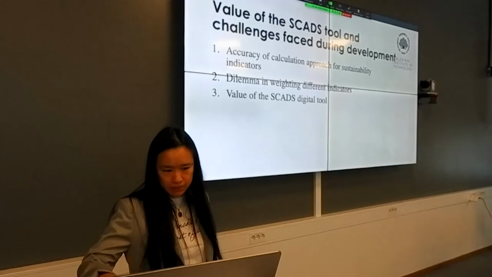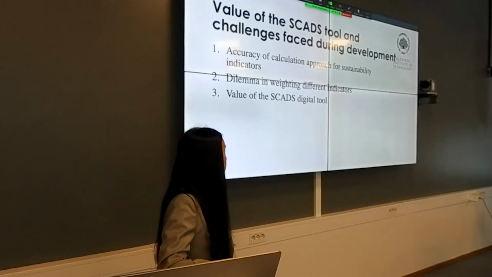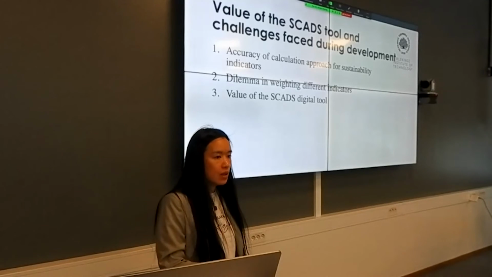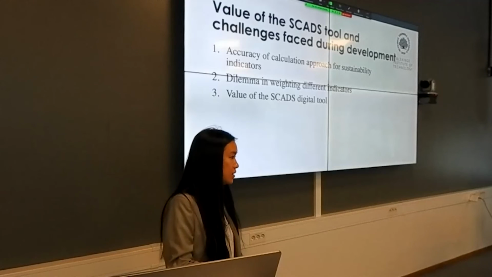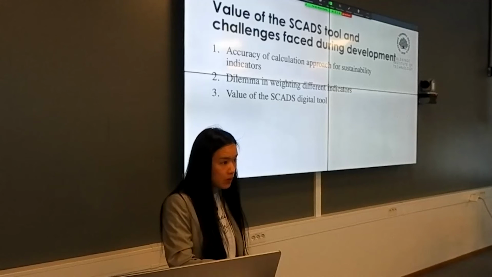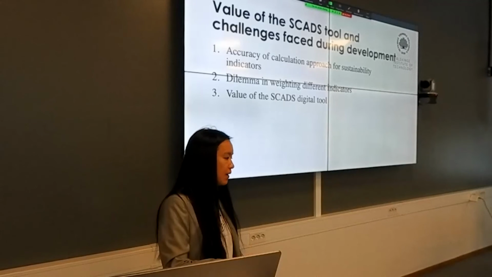Be consistent. And the second point of discussion was the dilemma in the different weights used for different indicators, because depending on the weight that you use, that means what you prioritize the most, it affects the final results.